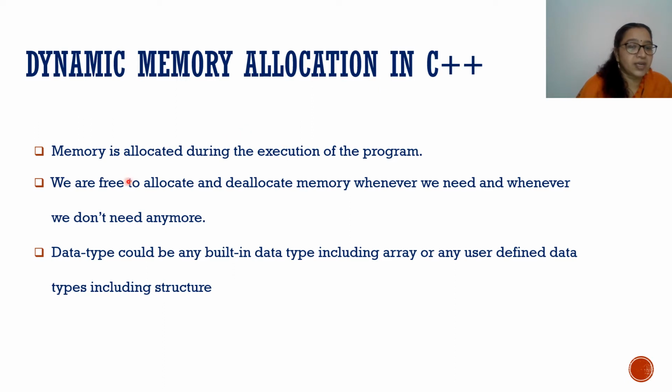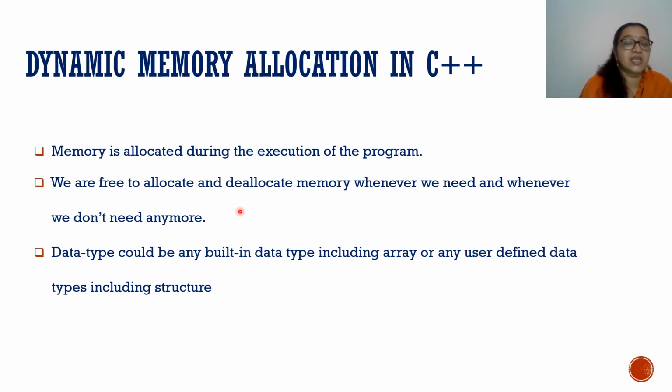See the second point. We are free to allocate and deallocate memory whenever we need and whenever we don't need it anymore. What is the meaning? The memory can be freely allocated at any time we need it. And at the same time we can deallocate the memory also if we don't want that space.